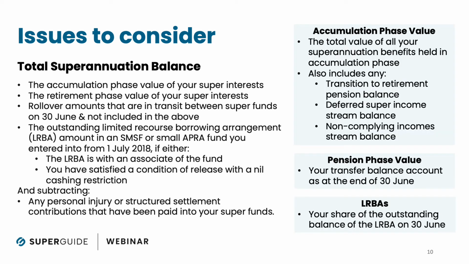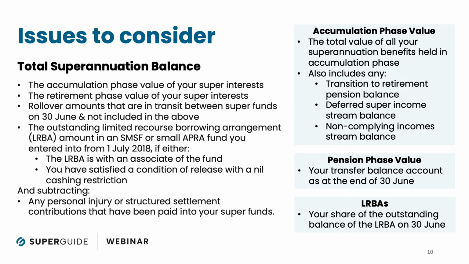So I've just broken down how those amounts get included. The accumulation phase value is the total amounts of your super held in accumulation phase, so in the contribution section of your super fund. But don't forget, it also includes things like transition to retirement pensions, because they're not pension phase values.